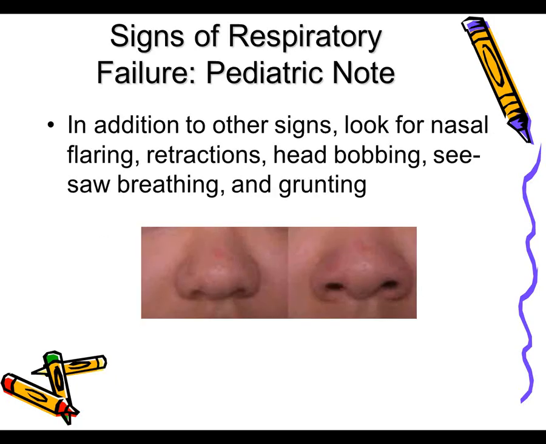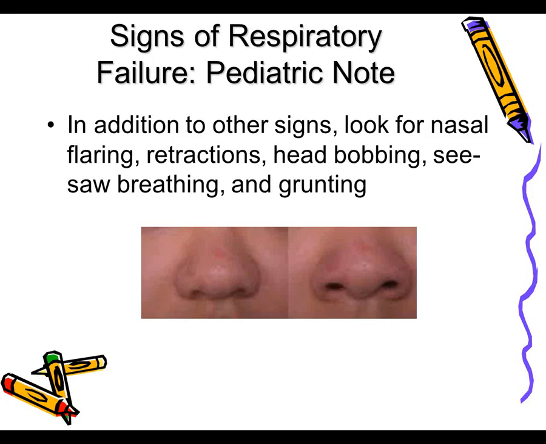Something to keep in mind with kids is that in addition to the other signs and symptoms that we talked about, look for nasal flaring. Children's nares, the cartilage is not as well developed as ours. And when they start working to breathe, one of the first things you're going to see is nasal flaring.